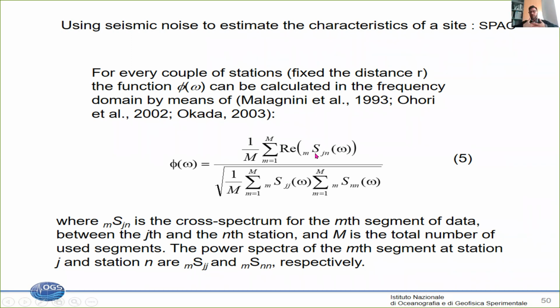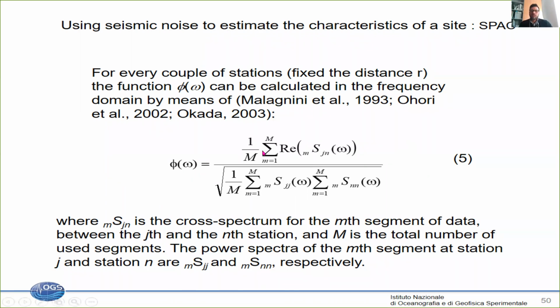Again, we calculate the cross correlation between one recording and the other of every station. And we do it for many recordings. So we stack again, and this is my numerator.